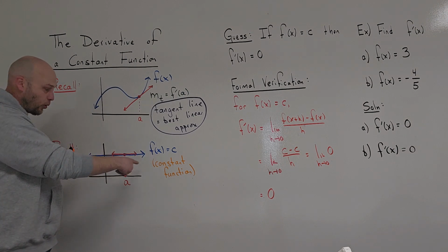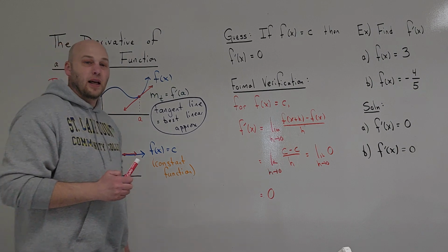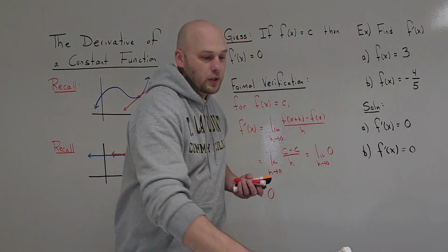Okay. Back over to where I said that the best straight line approximation to a horizontal line at any point was the line itself, let's check that. Let's actually find the equation of a tangent line to a constant function.